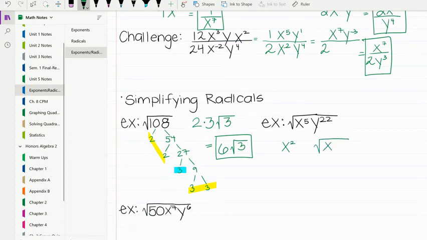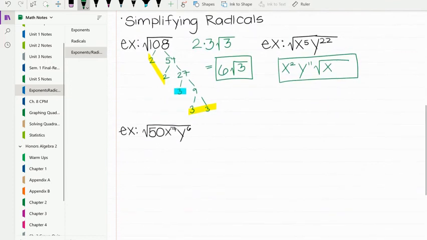And for y to the 22nd, how many y squareds are in y to the 22nd? There's 11. Remember, we talked about you're essentially just dividing it by 2, and then if it's an odd number, you'd have a leftover one, right? So 5 divided by 2 is 2, but then there's a leftover, okay?